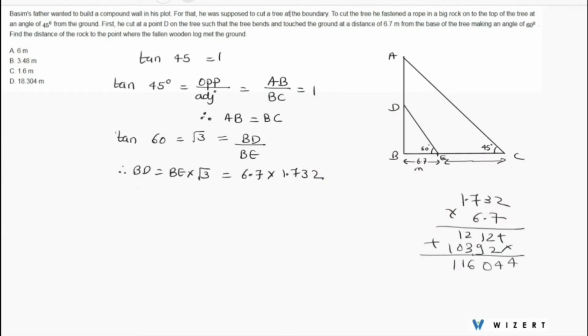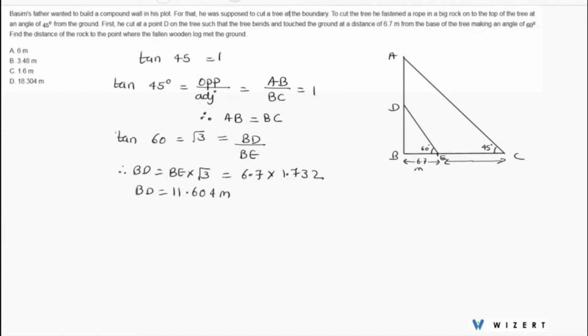So we get BD equal to 11.604 meters. So let's remove this calculation.